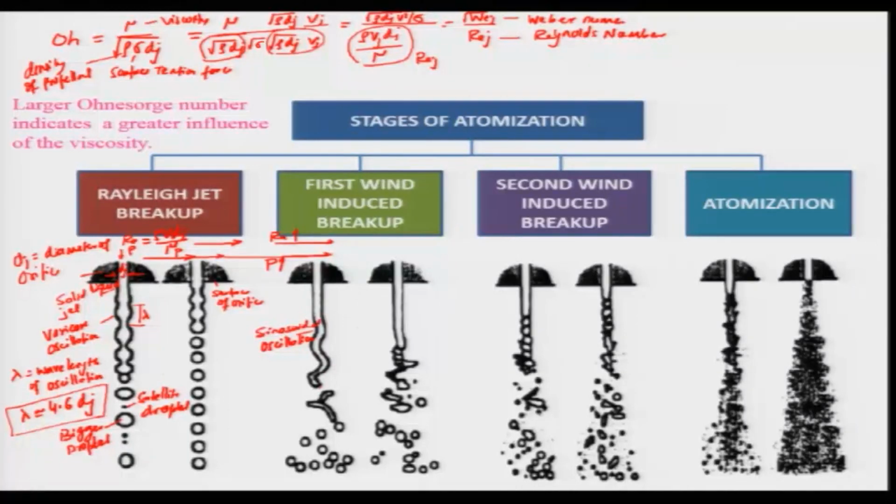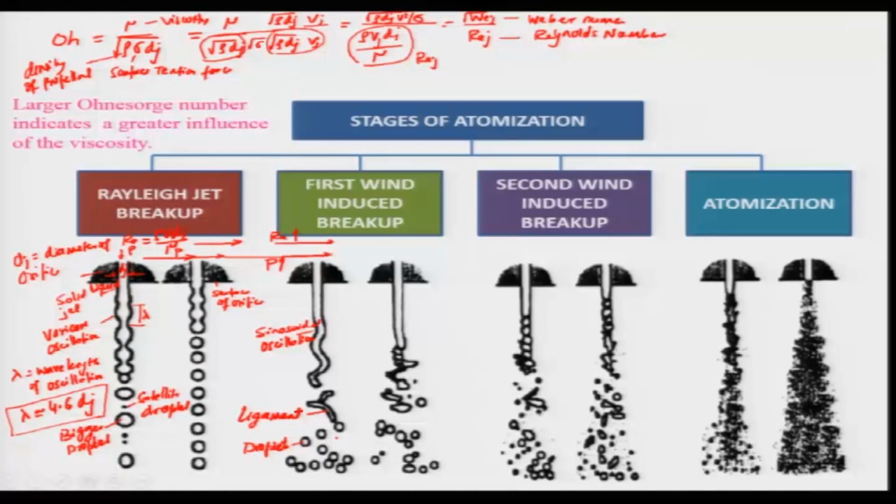Then there will be thinning down of the liquid jet, leading to the separation of the liquid from the bulk liquid jet, and this is basically known as ligaments. Ligaments are being formed, and these ligaments are subjected to further shredding, and then smaller droplets will be formed.